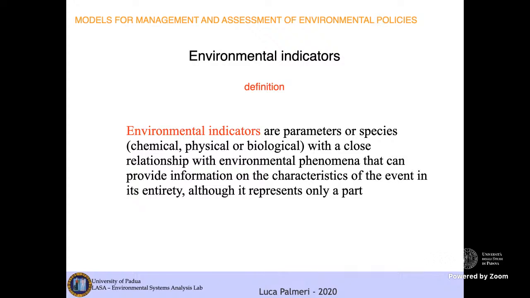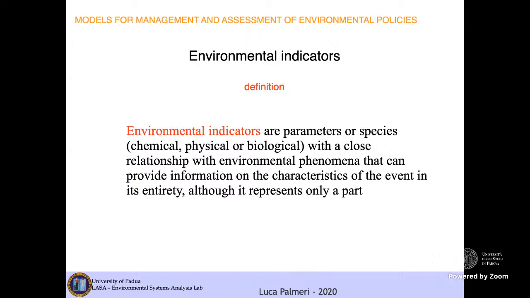Environmental indicators are parameters or species, chemical, physical, biological species, with a close relationship with an environmental phenomenon that can provide information on the characteristics of the event in its entirety, although it represents only a part.